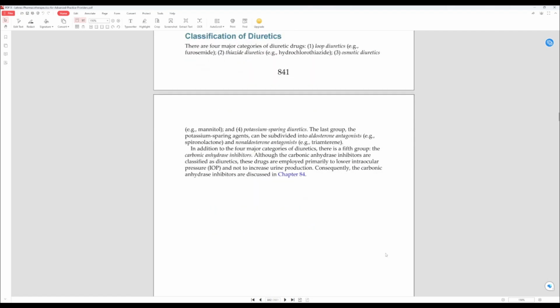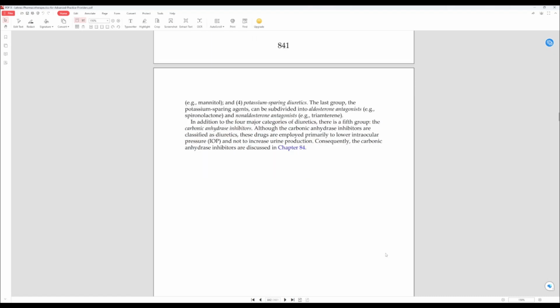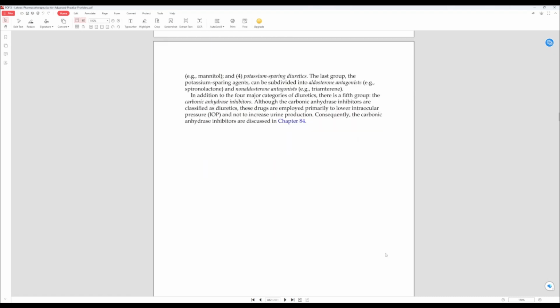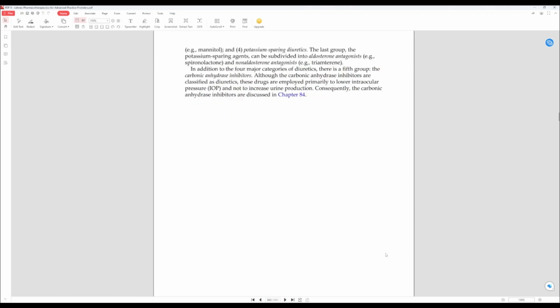The classification of diuretics. There are four major categories of diuretic drugs: loop diuretics, thiazide diuretics, osmotic diuretics, and potassium-sparing diuretics. The last group, the potassium-sparing agents, can be subdivided into aldosterone antagonists and non-aldosterone antagonists.